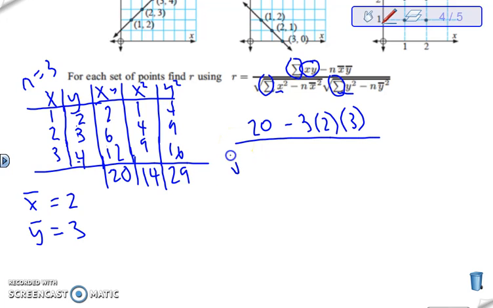And then we're going to plug in on the bottom. We need 2 square roots, so we need the total of our X squared column, so 14.